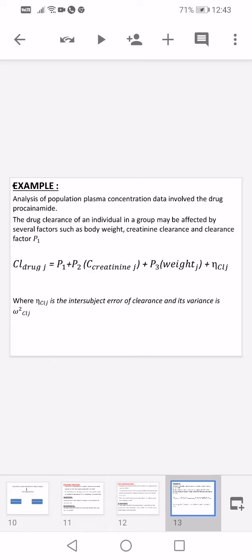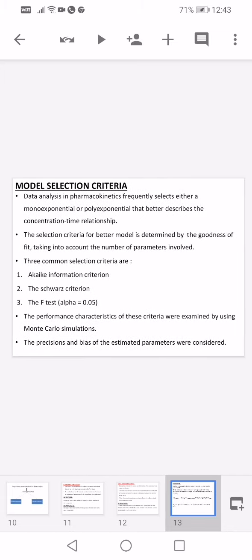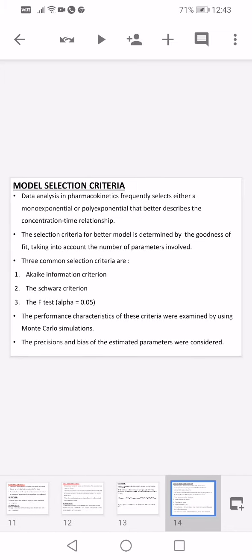So here we are going to take into consideration both the fixed errors and also the random errors. So for procainamide, we are given the formula, which is given by the concentrations of the drug along with the weight of the patient and also the creatinine clearance of the patient.